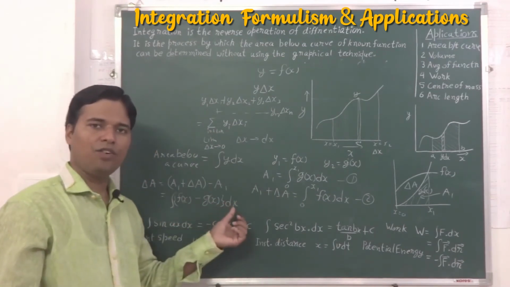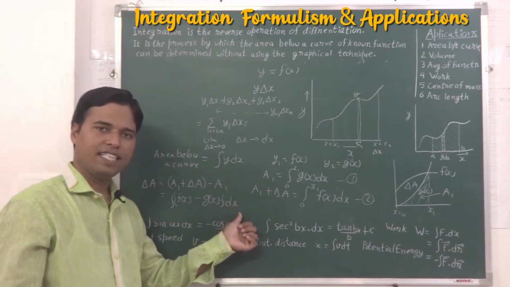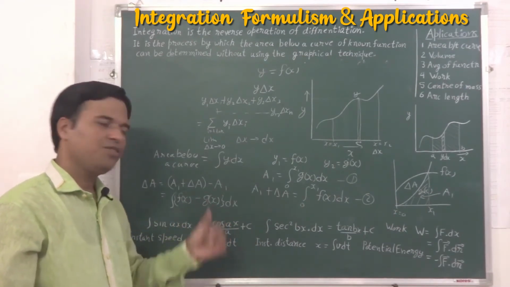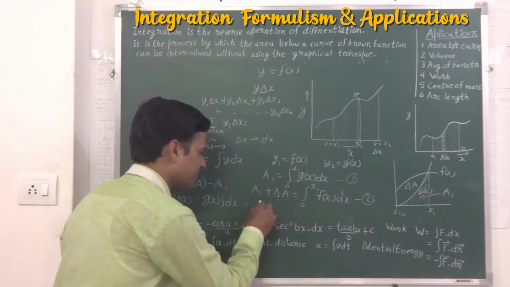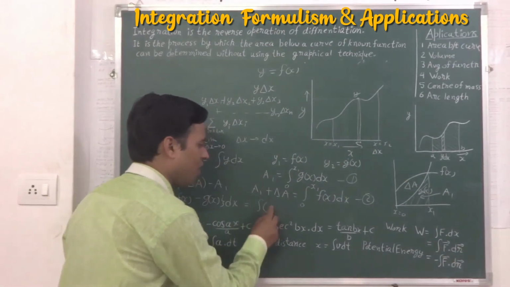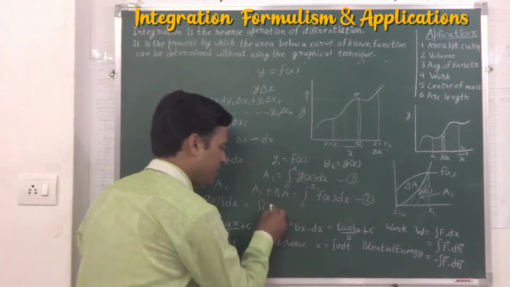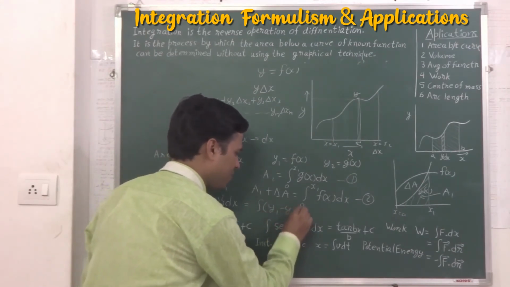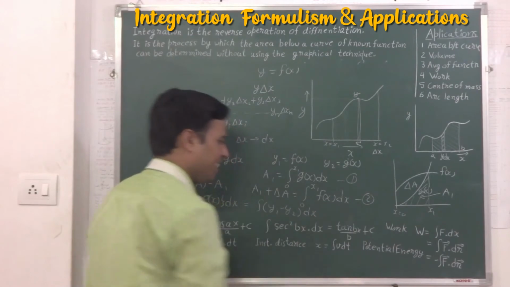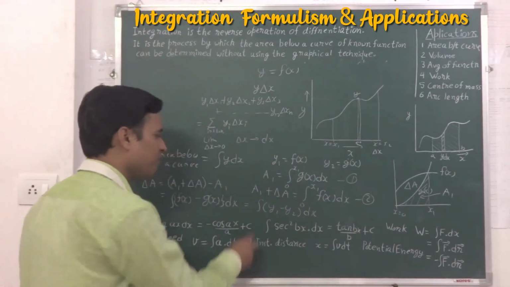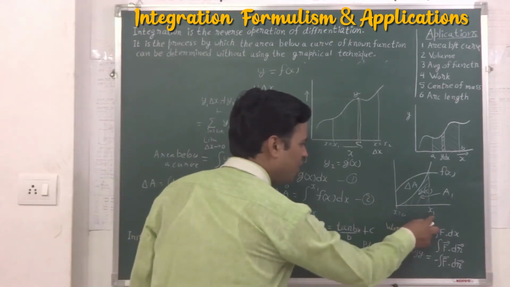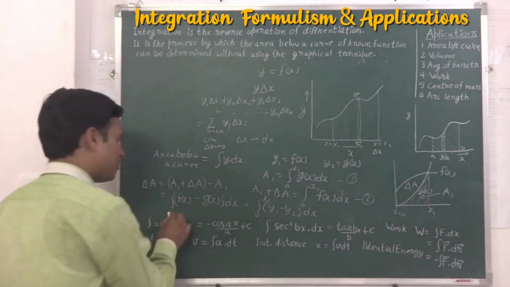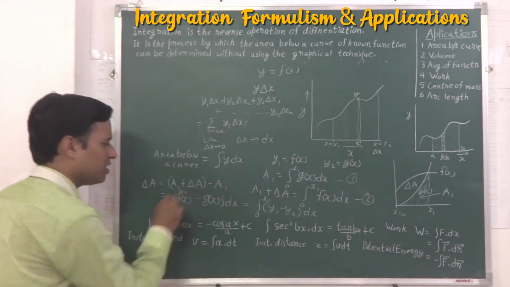We have this common part dx. For simplification, you can write it as the integration of the difference between these two functions, y1 minus y2, integrated with respect to x between the given two limits, from 0 to x1. Here also 0 to x1.